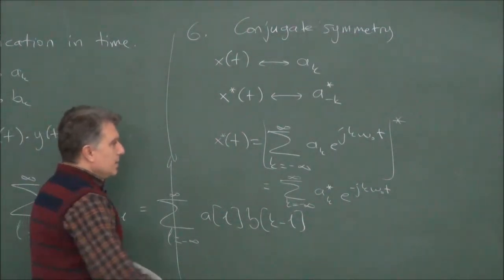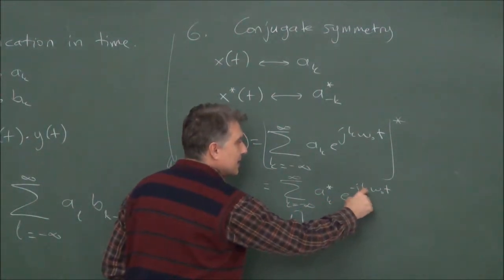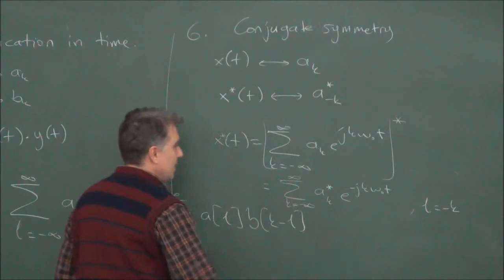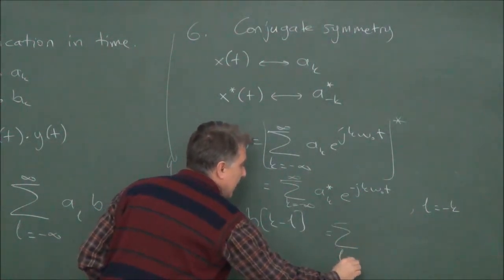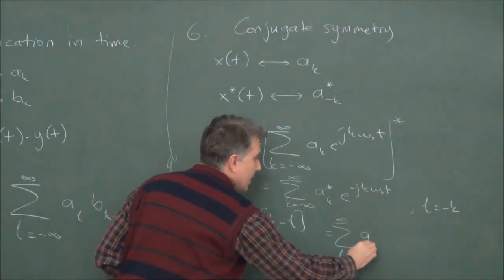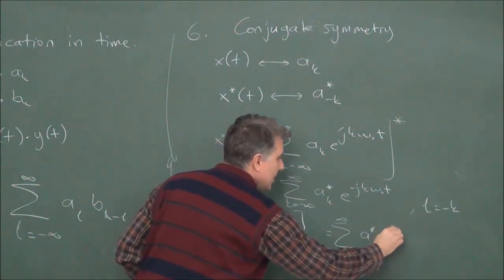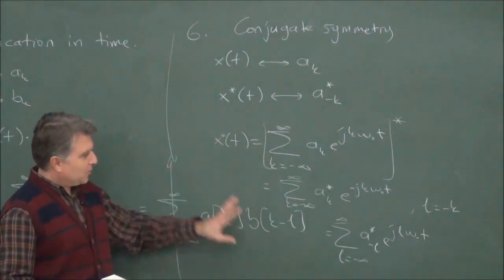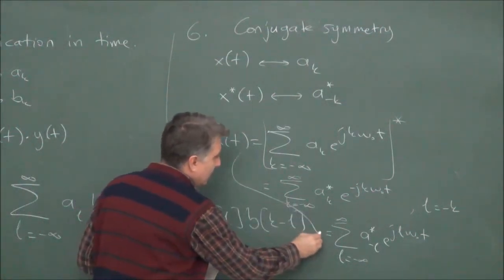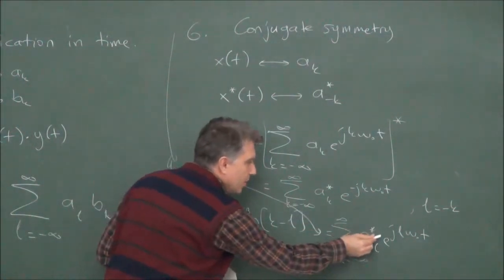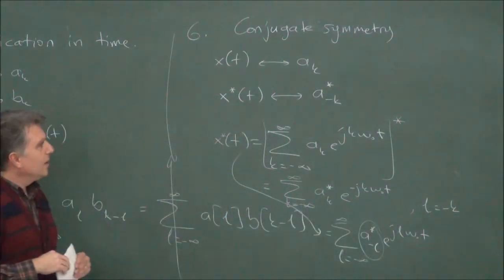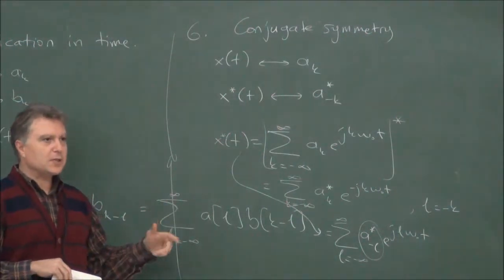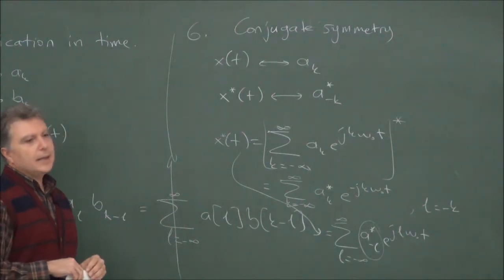Alright? And since k is replaced by minus k in this expression, you make the substitution l equals minus k, and the sum over l from minus infinity to infinity of a_{-l} conjugate e^{jlω_0 t} will be your new expression. And in this new expression of x conjugate of t, our new Fourier series coefficients are these. That's what it corresponds to. It's not only conjugating the Fourier series coefficient, but it's also inverting the index as well.